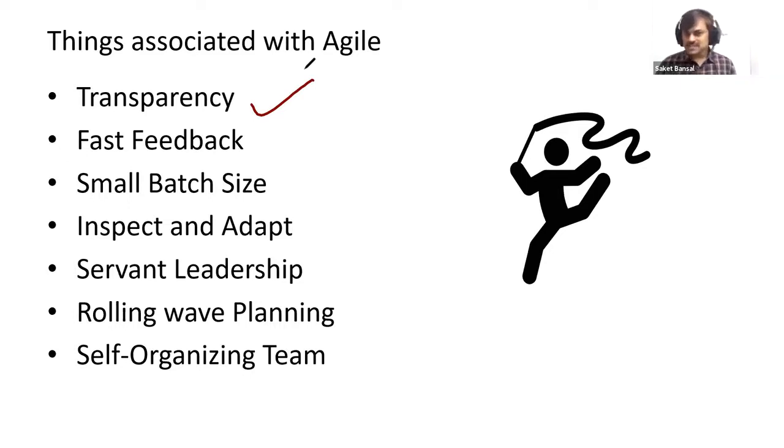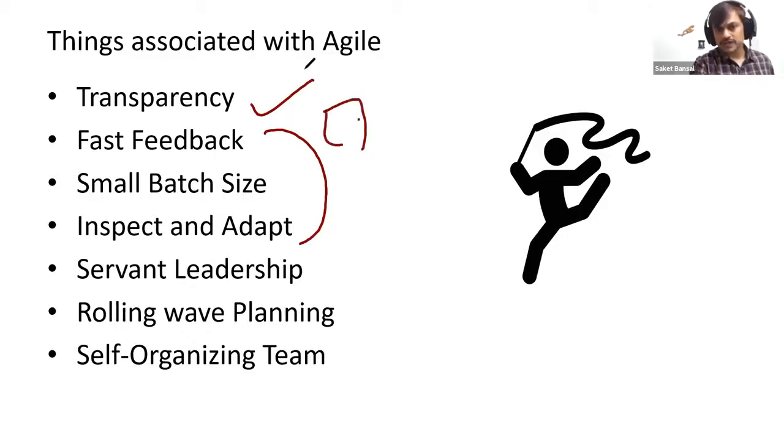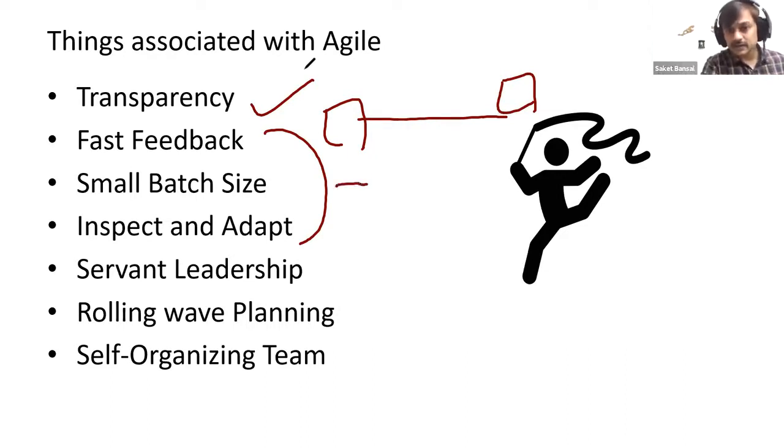Fast feedback, small batch size, and inspect and adapt: we can see all these three things as related. The whole idea here is, if you take a big chunk of work and you wait very long, say 1 year, and then show it to the customer, the feedback is delayed. Especially in technology products, since I don't know the exact requirement, that's an assumption.